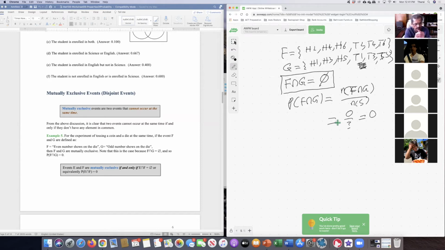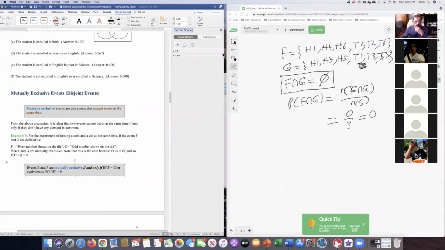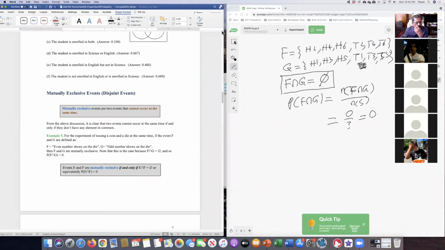So there is an equivalent statement here. Two events, that's what I have in the box here. Two events E and F are mutually exclusive if and only if E intersection F is empty, or equivalently, the probability of E intersection F is 0. So you can check on a Venn diagram to see if they do not intersect. If they do not intersect, then they are mutually exclusive. That's if you have the Venn diagram.